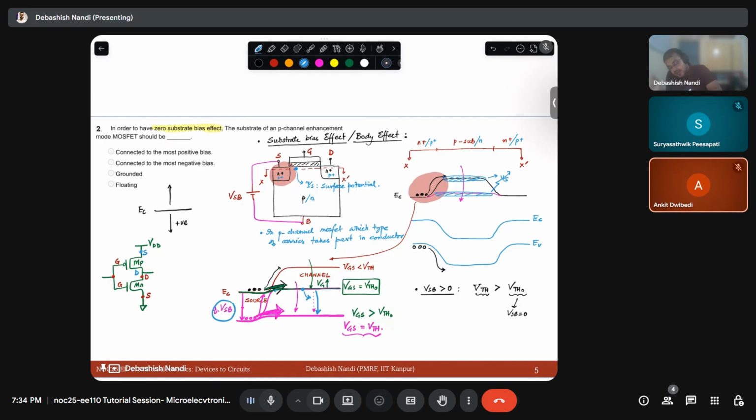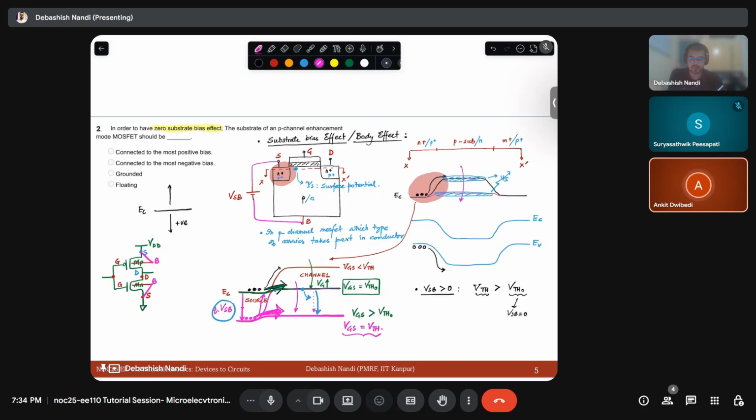Now let's say I have another terminal, the body terminal. To remove body effect, what should I do? I will just connect it to my source. Now can you tell me, to eliminate the substrate bias effect, or for zero substrate bias effect, the substrate of a P channel MOSFET should be connected to which potential in the circuit?